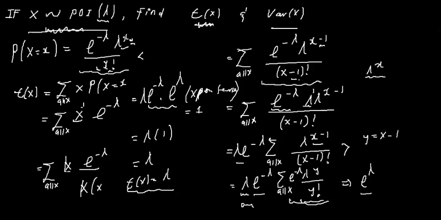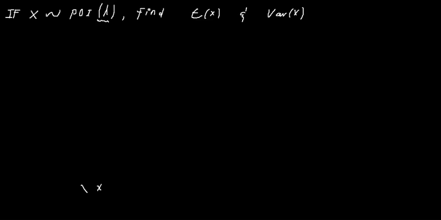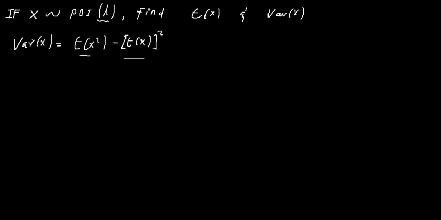Well, let's turn to variance. So variance of x is given by the expected value of the second moment minus the expected value, the mean, squared. So we know this, but we don't know this.